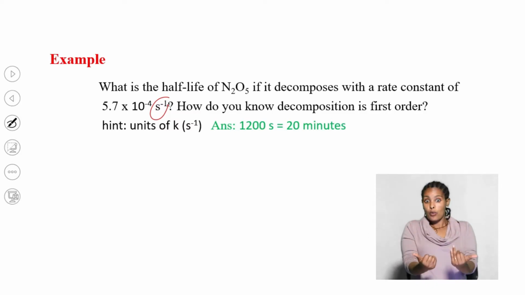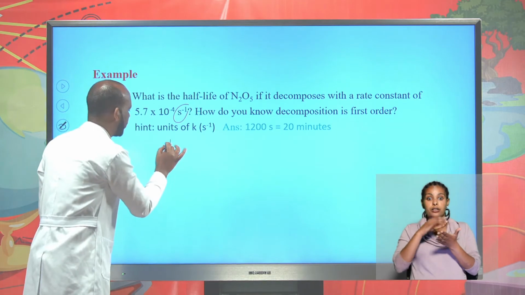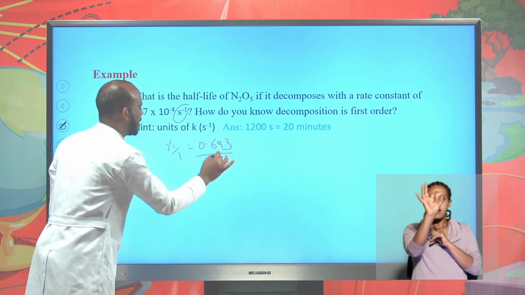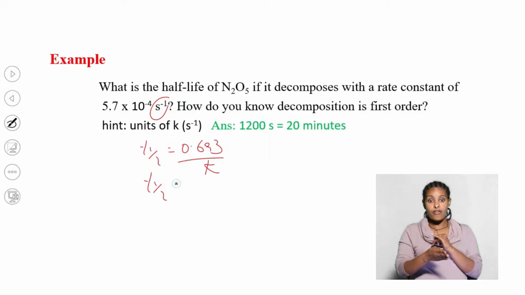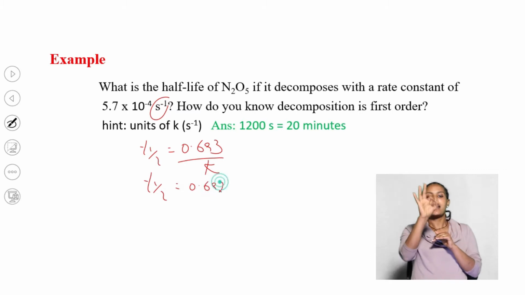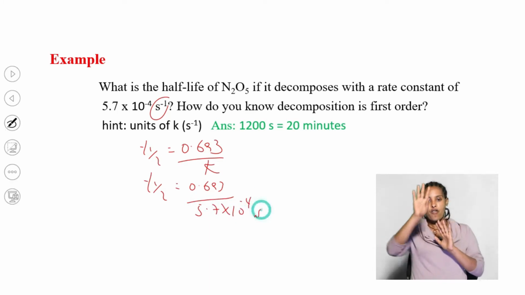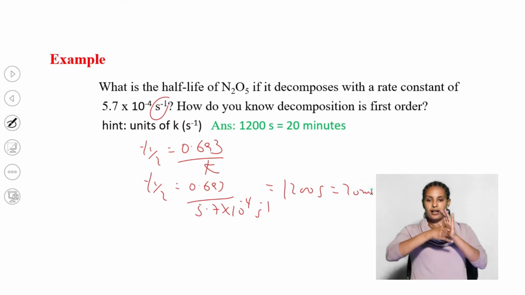Now the half-life for a first order reaction is t half equals 0.693 divided by K. The rate constant K is 5.7 times 10 to the power of minus 4 per second, so t half equals 1200 seconds, which is 20 minutes.